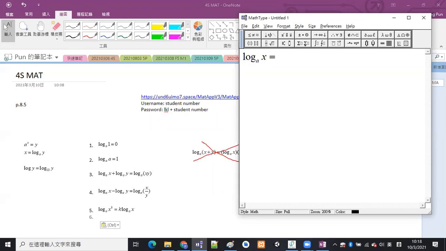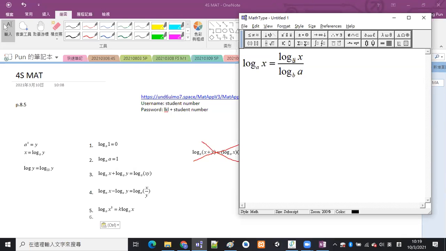Then you can use the base changing formula: log x base a is equal to a fraction. It becomes log x on the top and log a on the bottom. And these two logs will have a new common base, and that new common base is the base that I want. That is base b.